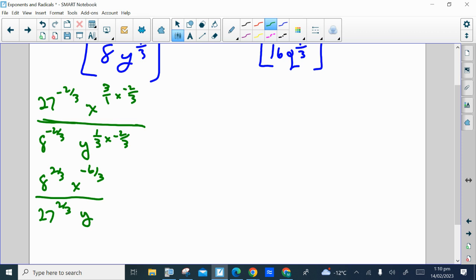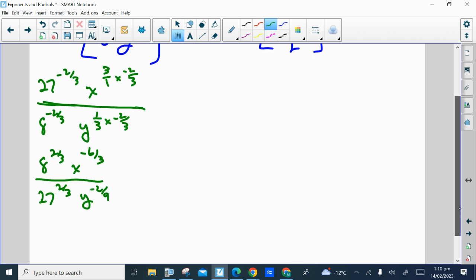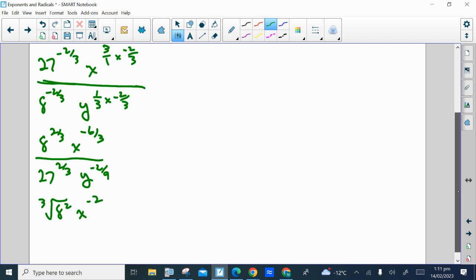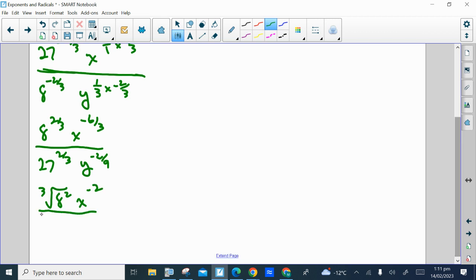And for the exponent on y, again, it's top times top, bottom times bottom. So now I've got 8 to the 2/3. That is the cube root of 8 squared on top. And x will be to the power negative 2, all over 27 to the 2/3. That's the cube root of 27 squared, y to the negative 2/9.